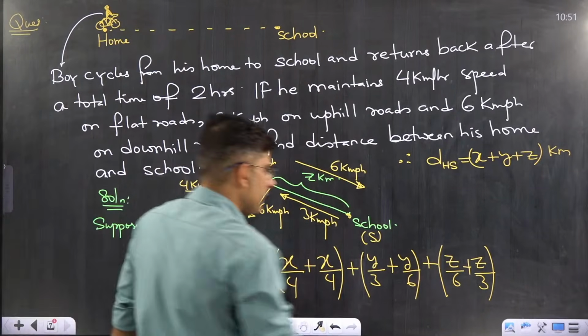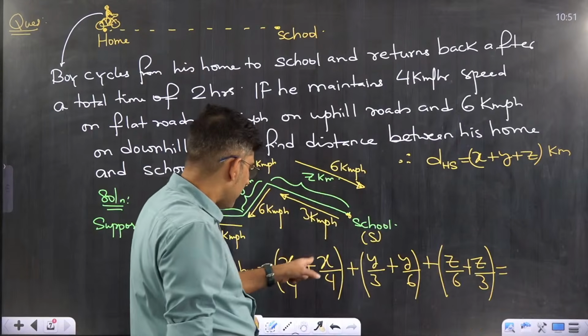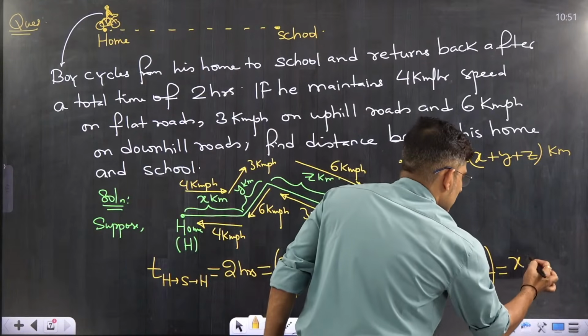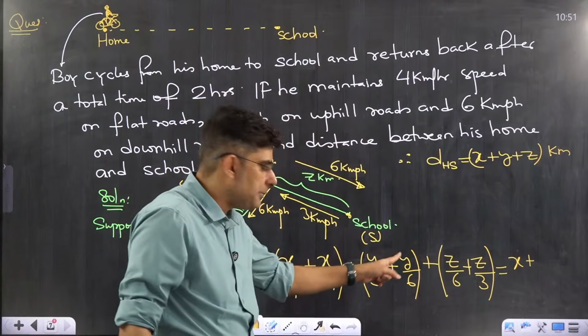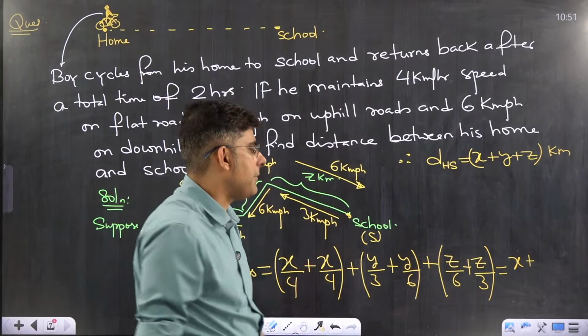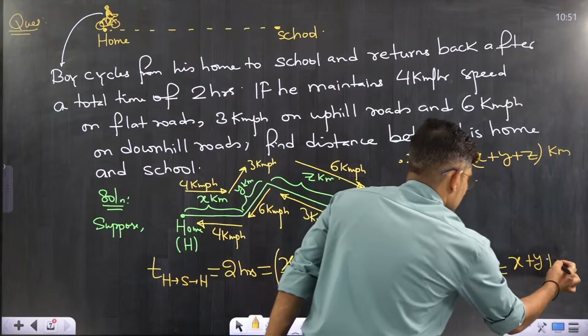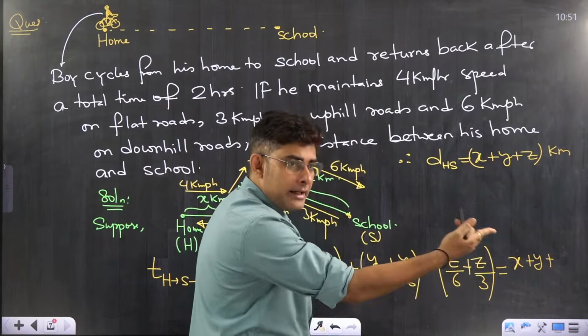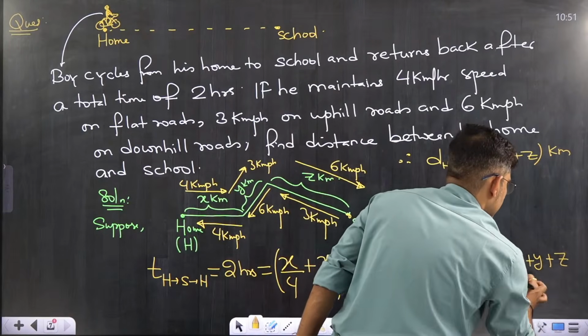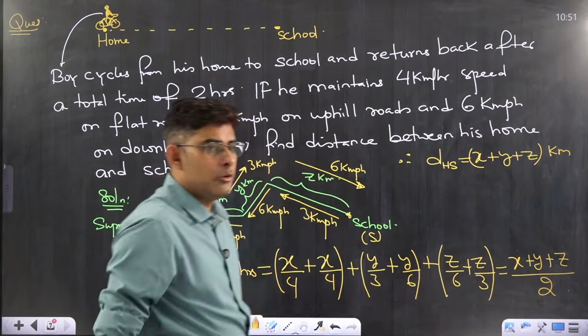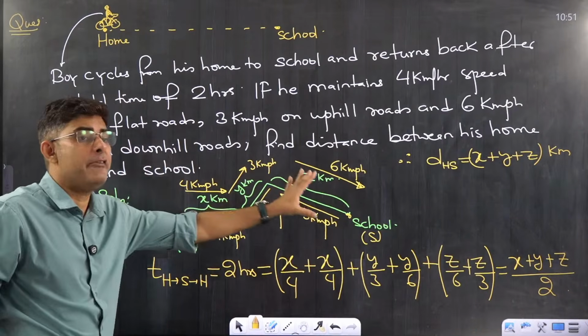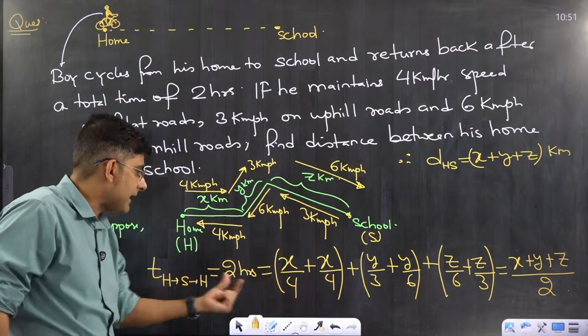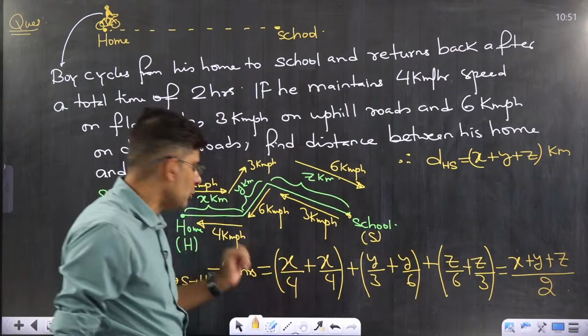Now the best part over here is x by 4 plus x by 4 is x by 2. Y by 3 plus y by 6, take the LCM, is also y by 2. Z by 6 plus z by 3 is again z by 2, take the LCM. So even if x, y, z were not known to me, x plus y plus z by 2 became 2.